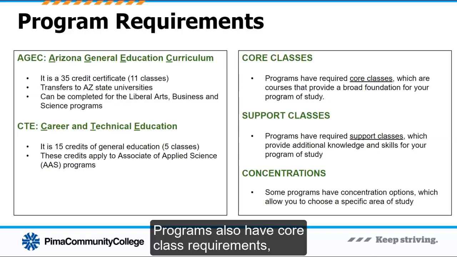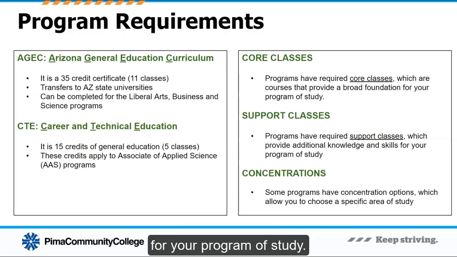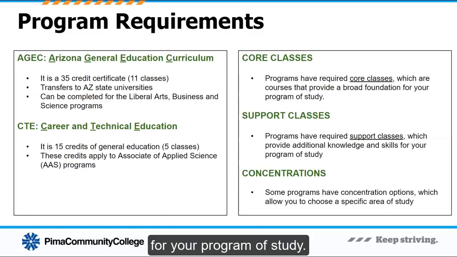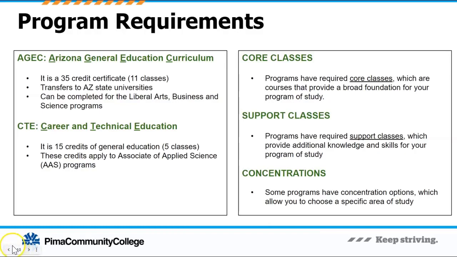Programs also have core class requirements, which are the courses that provide a broad foundation for your program of study. Some programs also require support courses, which provide additional knowledge and skills for your program of study. Some programs also offer concentration options, which allow you to choose a specific area of study.